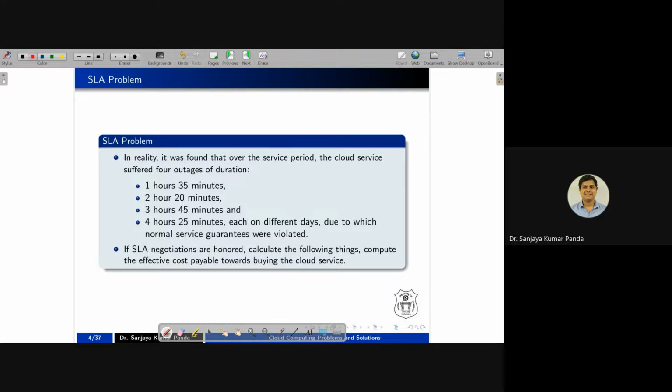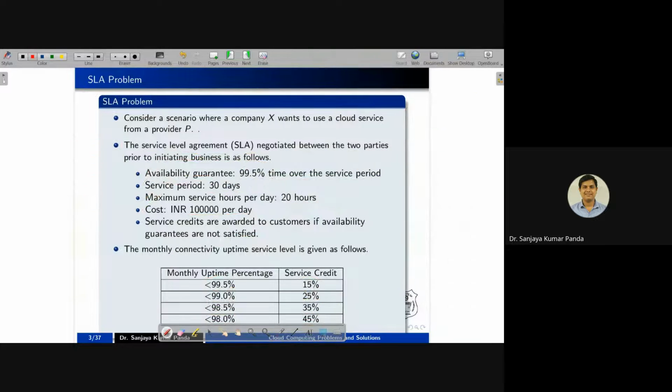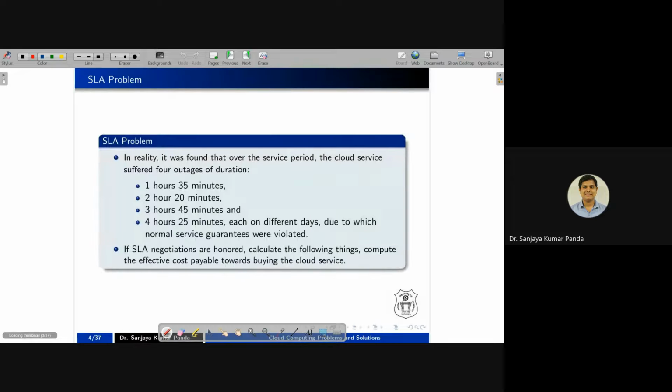Let me clear things. The number of days in the service period is 30 days, right? Total number of days is 30 days, but we found that there are 4 outages. So let us sum all the outages.